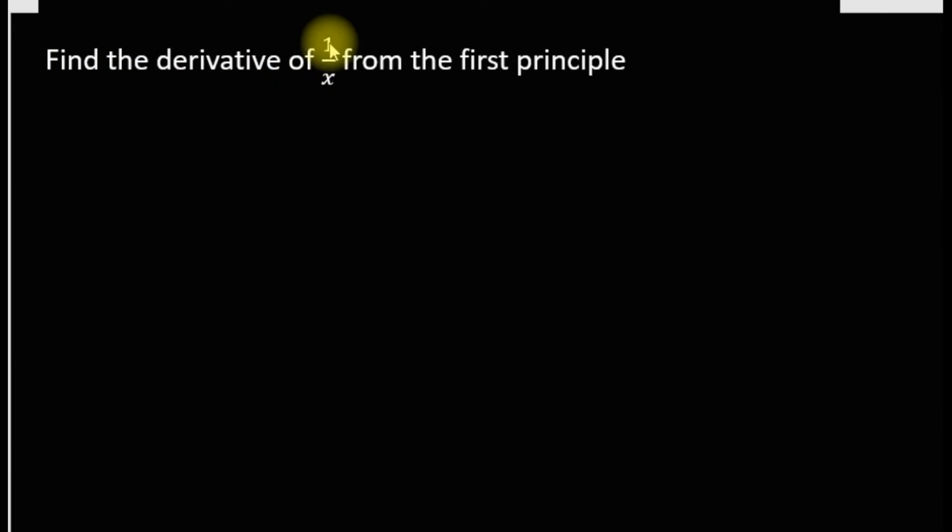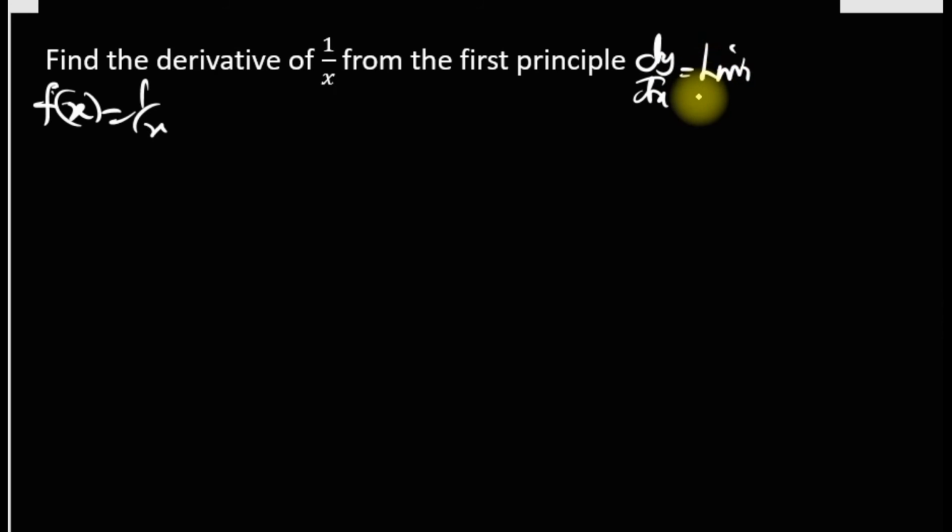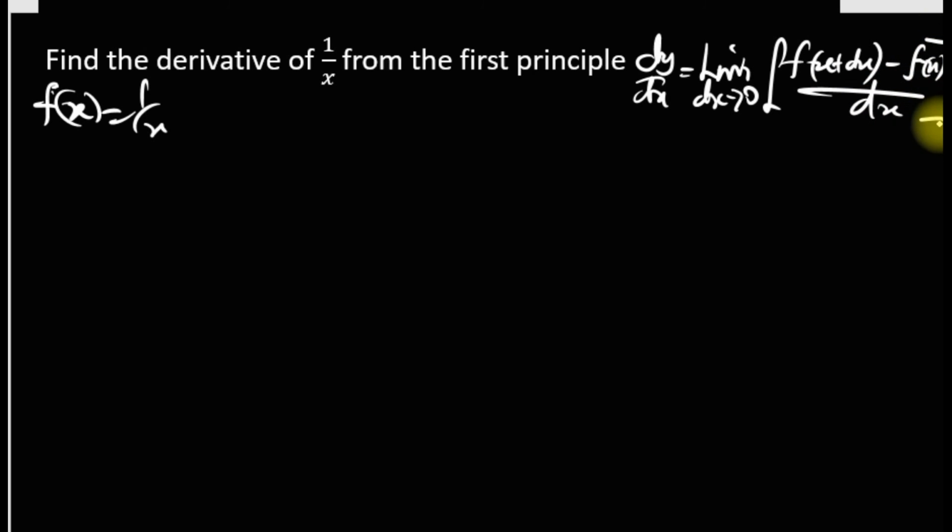Let's solve another question: find the derivative of 1 over x from the first principle. Okay, we know that the function f of x is 1 over x, because our main aim is to find dy dx, which is the limit of dx tends to 0 of f of x plus dx minus f of x over dx. So the next thing is to get our f of x plus dx, meaning wherever you see x, call it x plus dx, which is 1 over x plus dx.